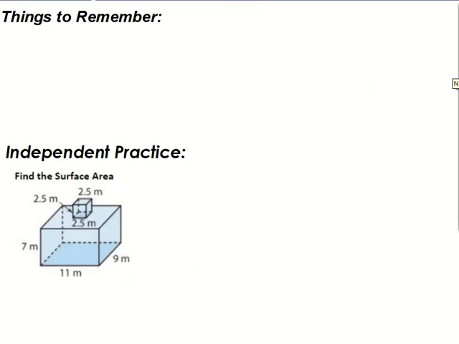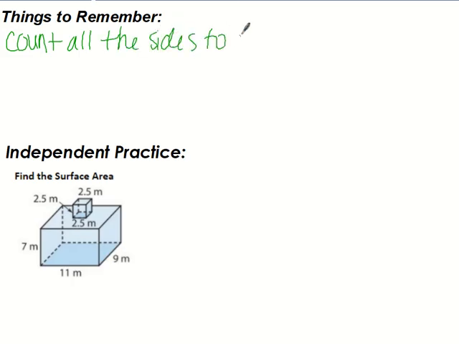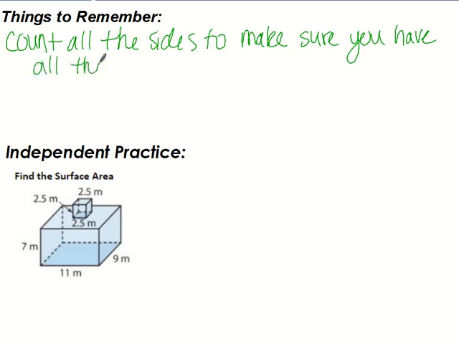All right, so things to remember. Count all your sides to make sure you have all the areas.